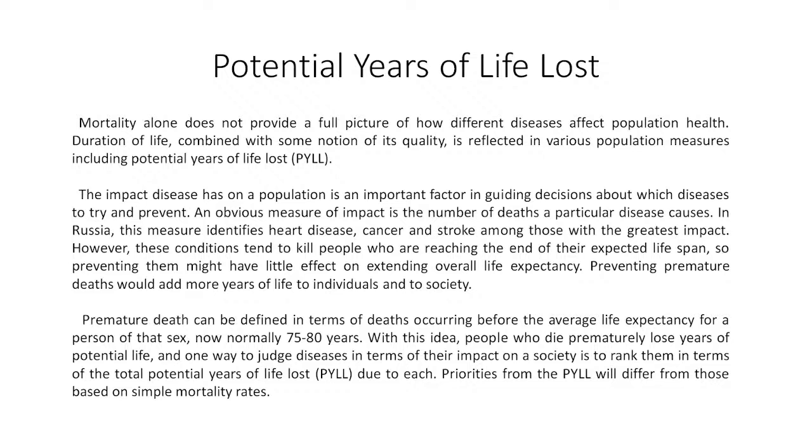With this idea, people who die prematurely lose years of potential life. And one way to judge diseases in terms of their impact on a society is to rank them in terms of the total potential years of life lost due to each.